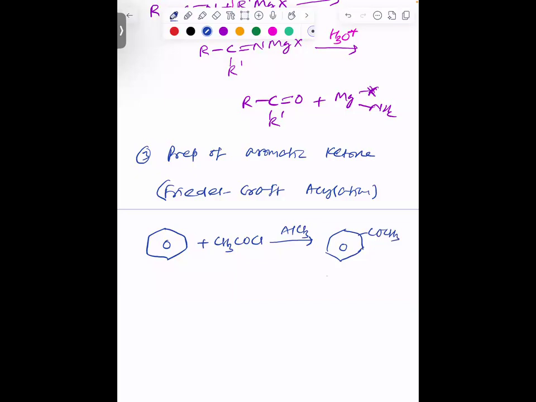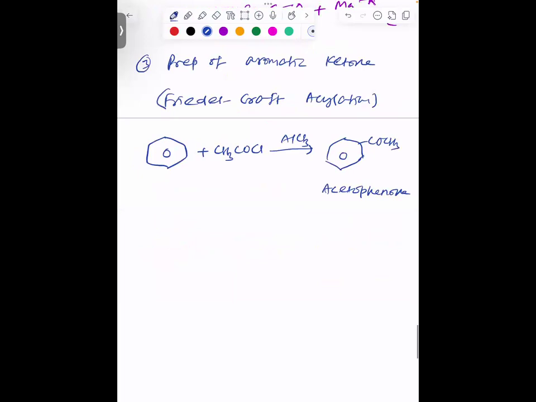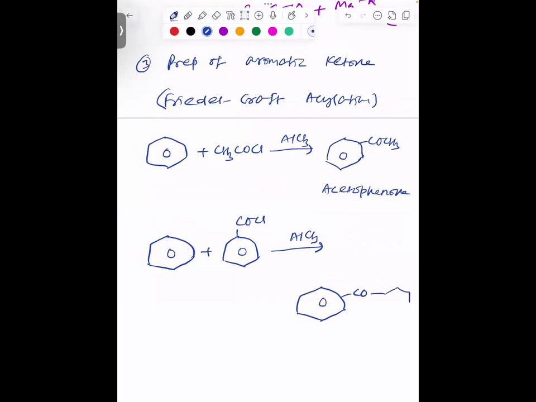So this is acetophenone, an aromatic ketone. Then benzophenone forms with benzoyl chloride. Friend, write down.